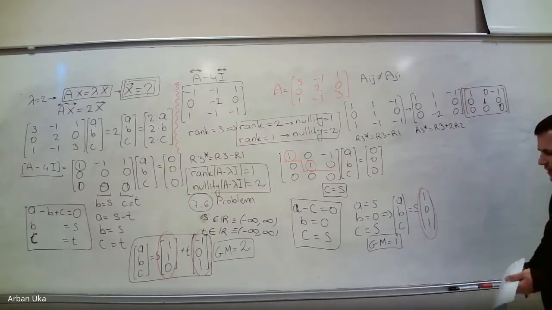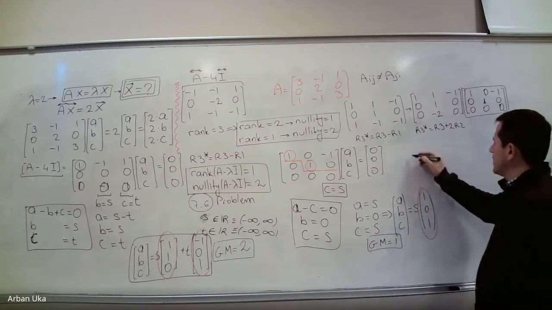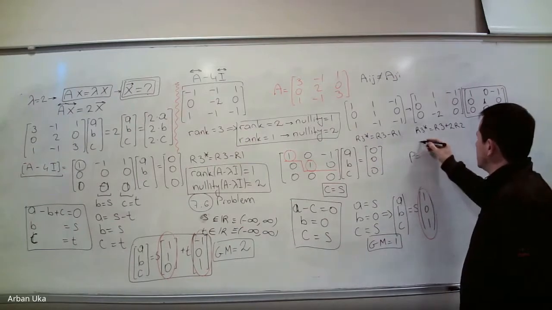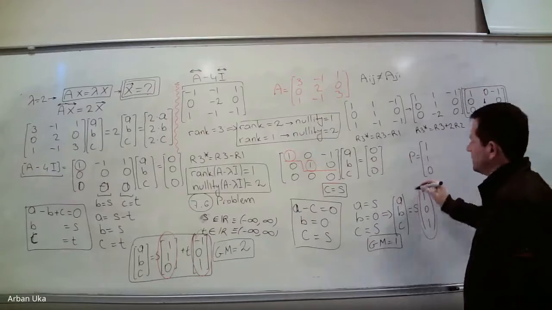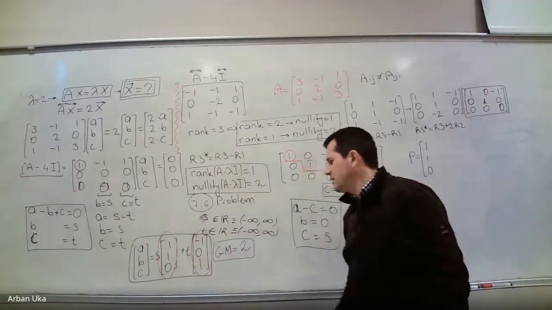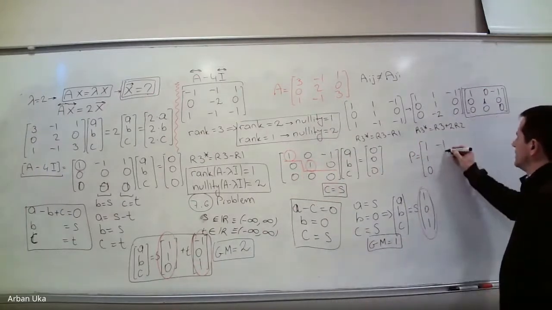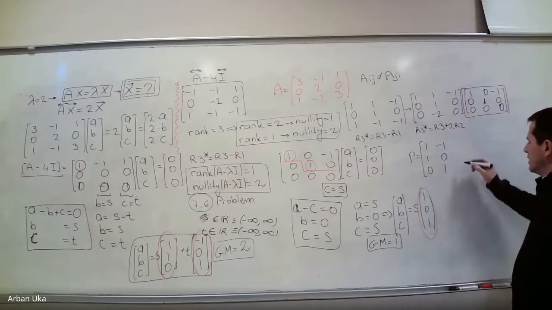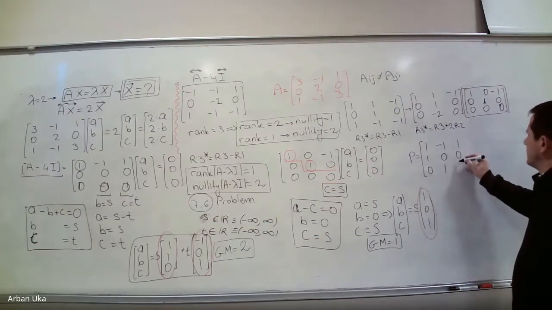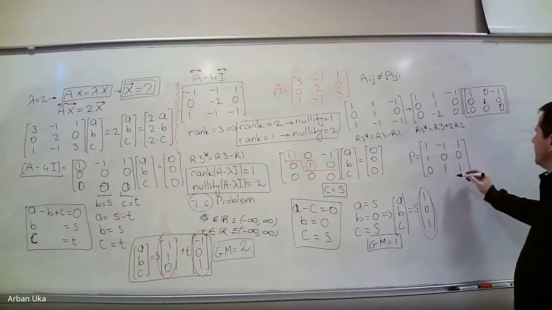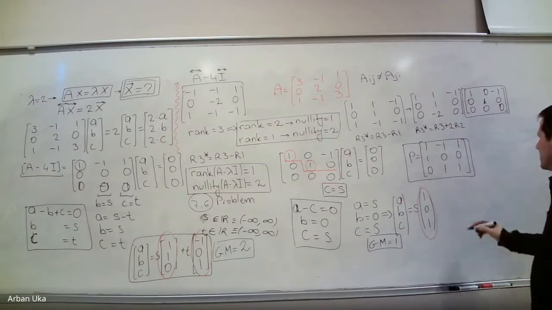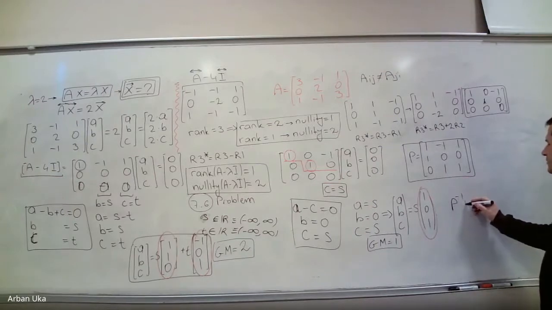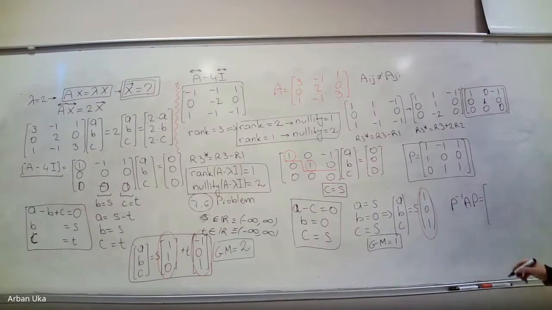So apparently, the matrix that can diagonalize the matrix A can be written as follows. P is 1, 1, 0, which is this eigenvector here, -1, 0, 1, and 1, 0, 1. So this is the matrix that can diagonalize the matrix A, and we have P inverse times A times P is equal to what?